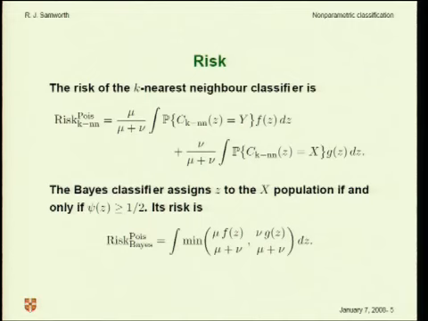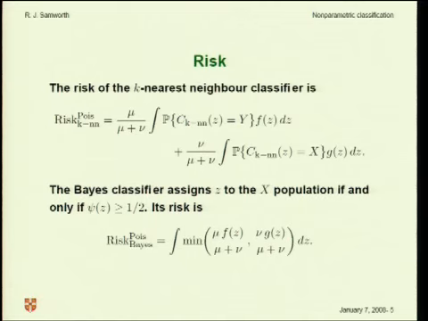And the misclassification error rate, or risk of the k-nearest neighbour classifier, is given by this equation here. So it's just the prior probability mu over mu plus nu of seeing an observation with the mark x. Then you integrate the probability you misclassify this x observation as coming from the y population.